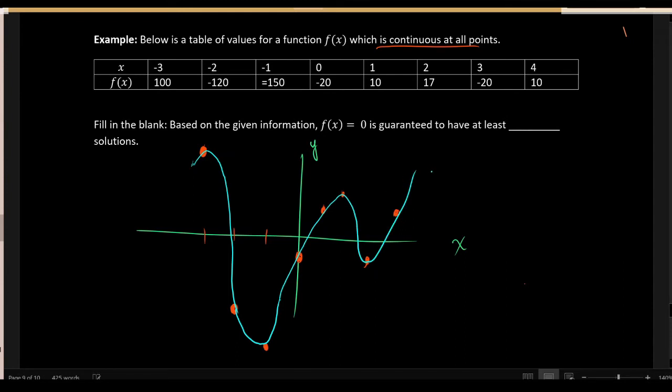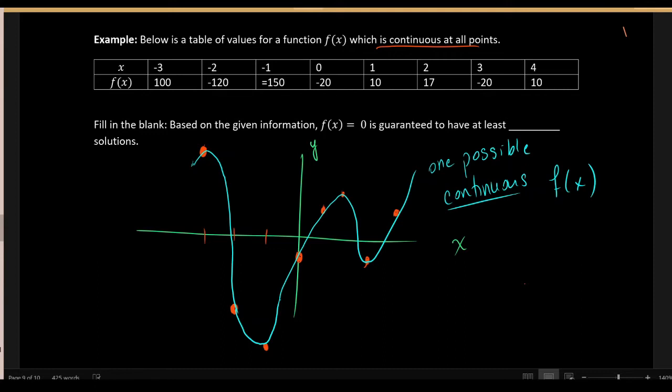So here is an example of one possible continuous f of x. A continuous function would have to connect the dots without the pen ever being lifted off of, in my case, the tablet.